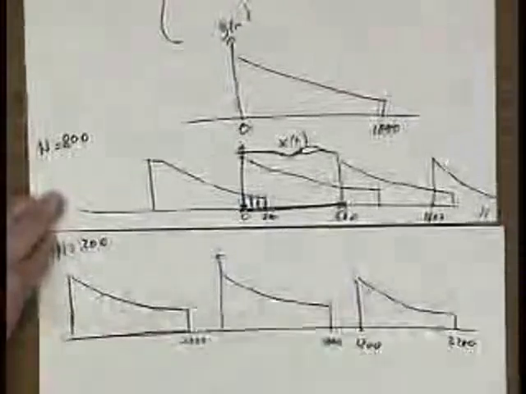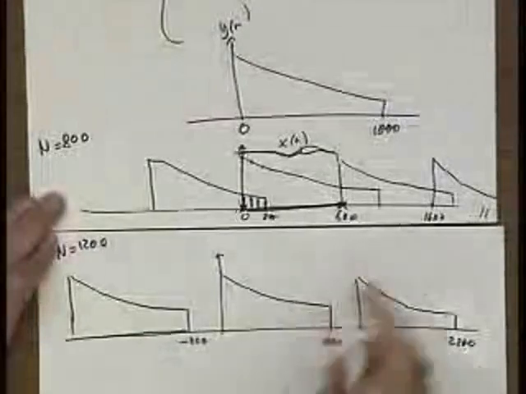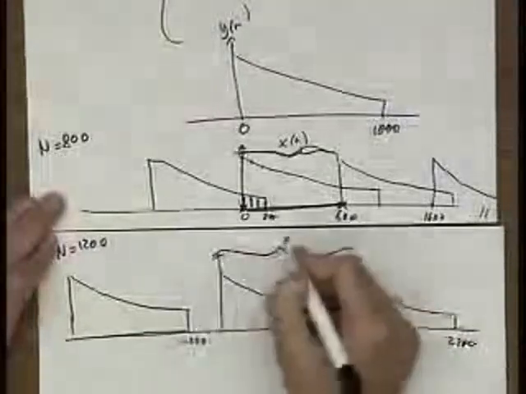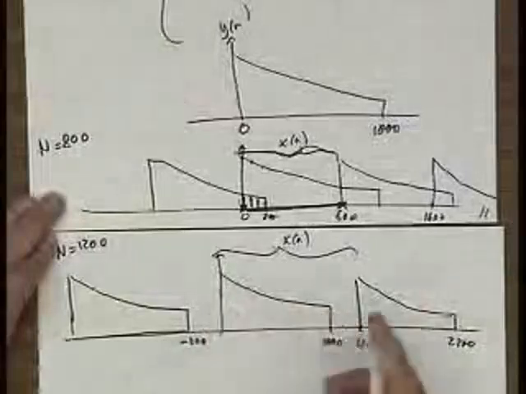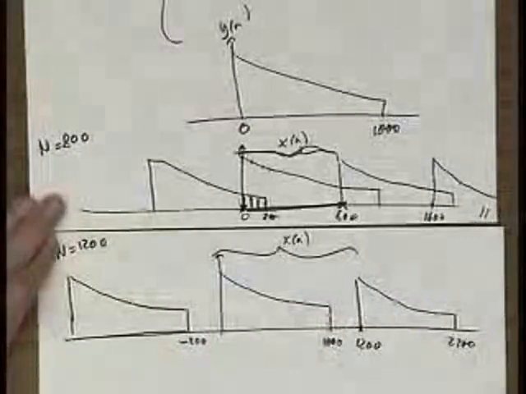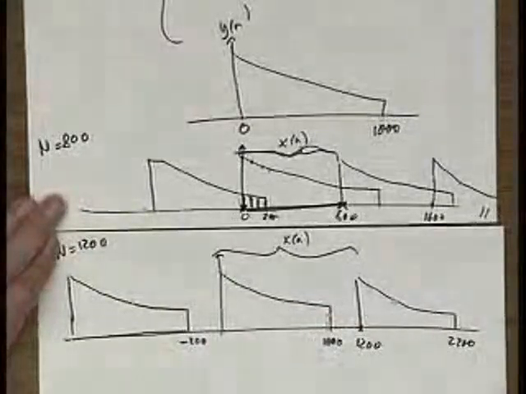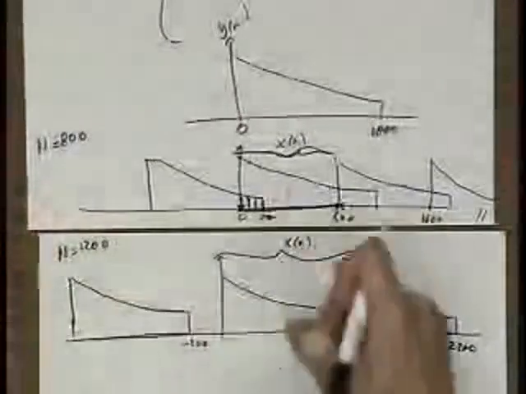So they won't overlap with each other. And I pick the first 1,200, so that'll be my x of n. So it'll be y of n intact from the original, plus a bunch of zeros, which are pretty benign. Okay? So these are the two cases.